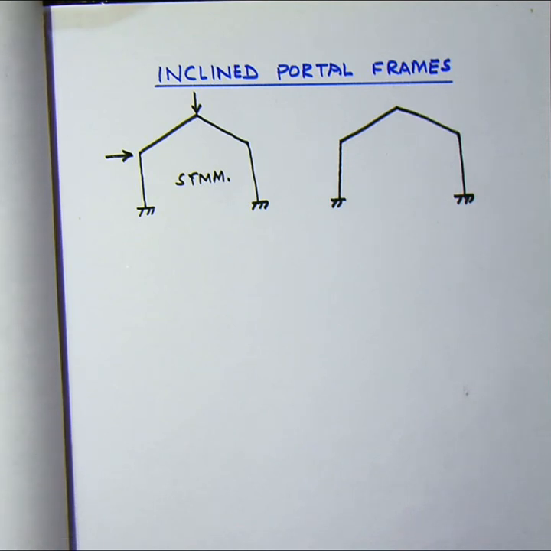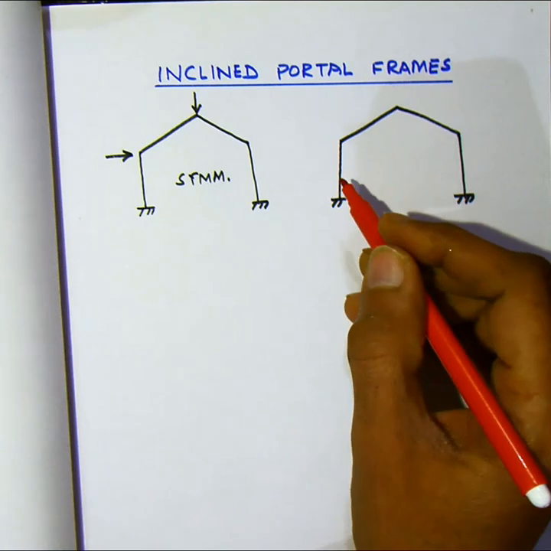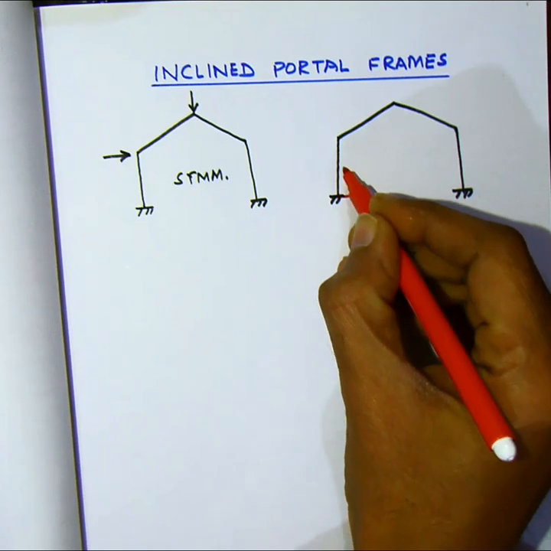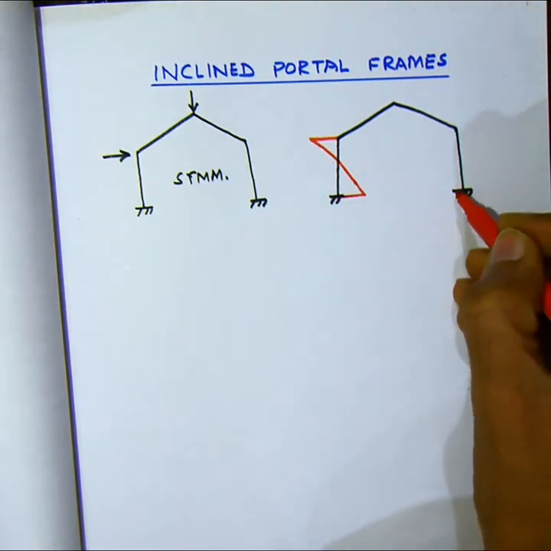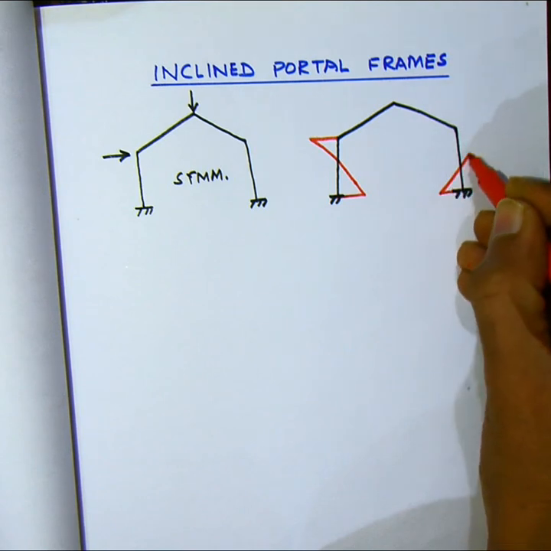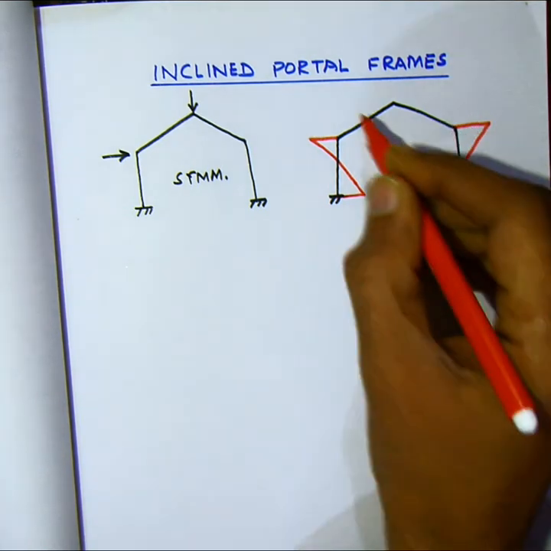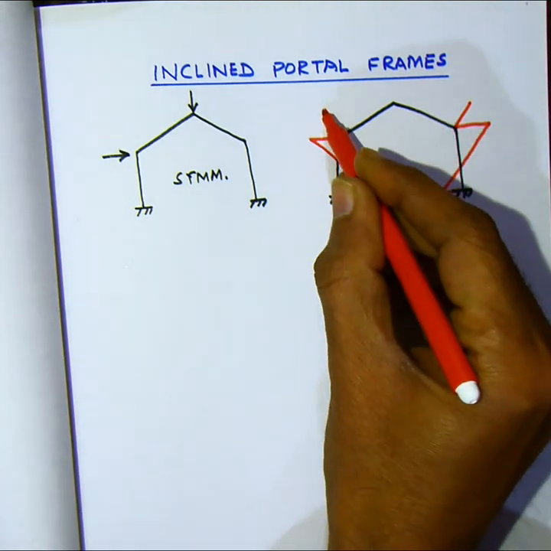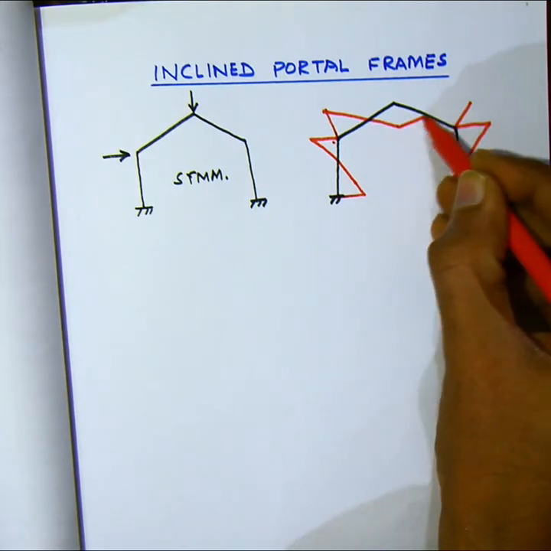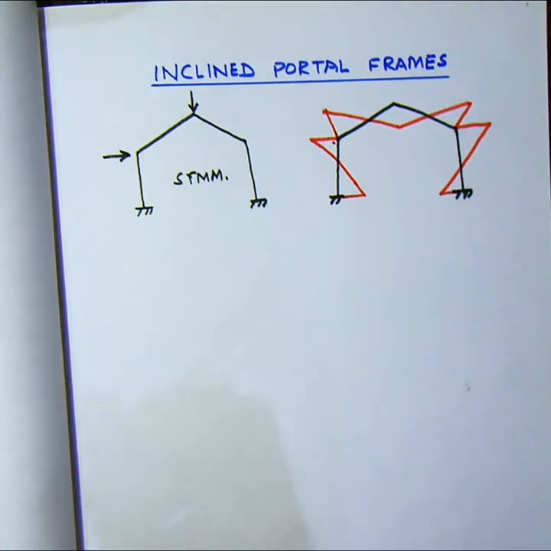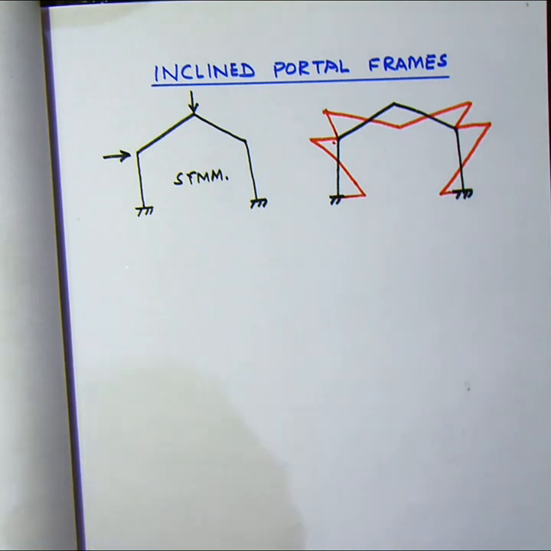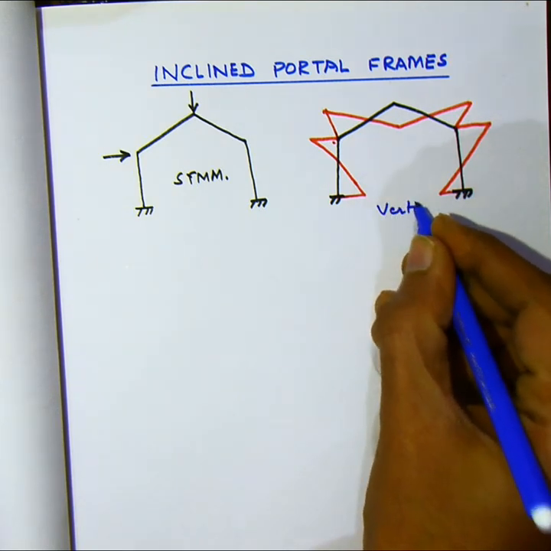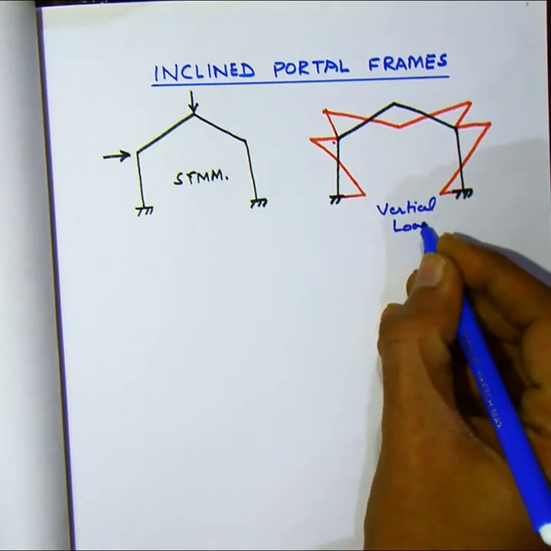So let's say we are first drawing for the case of the portal frame under vertical load. So under vertical loads, this would be the bending moment diagram. If it's under horizontal load, the bending moment diagram will be different.